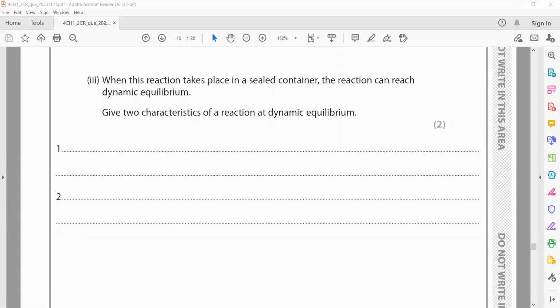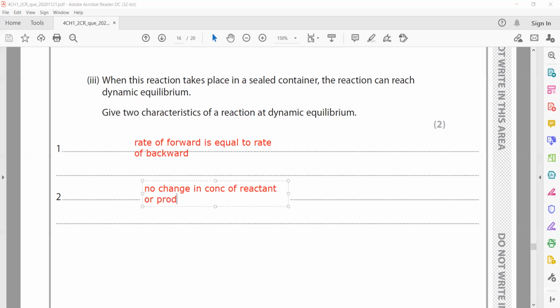The rate of the forward and the rate of the backward reaction will be the same, and there is no change in concentration of reactant or product.